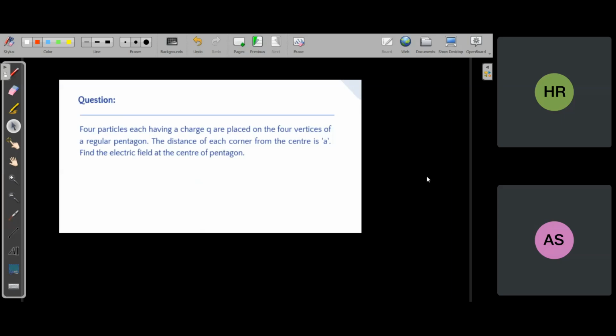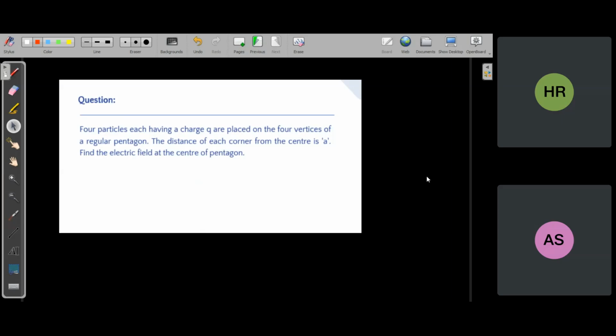If you know the process, just tell me quickly what you will do. Then we'll go to the next. A pentagon is there. On four vertices of the pentagon, equal charge is placed. They are asking what is the electric field at the center.